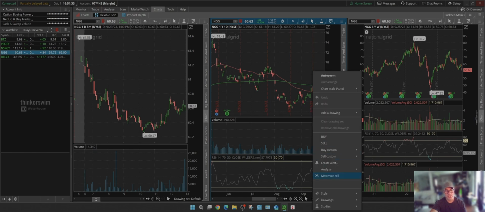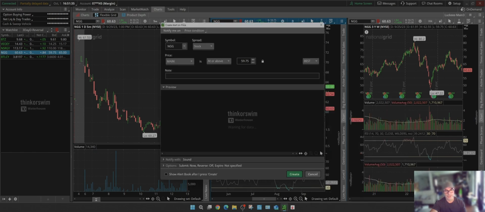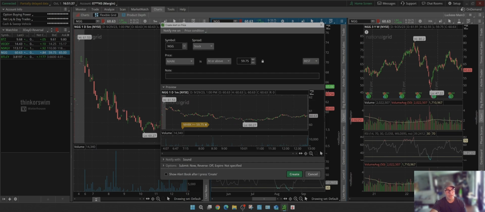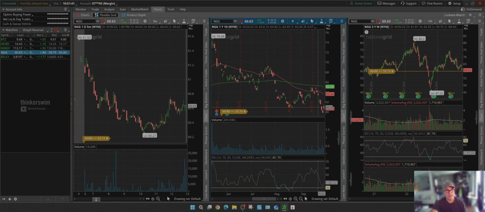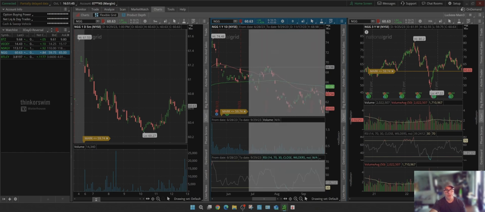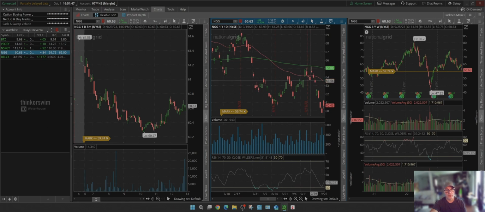What you can do is put your stop here for $1, and then potentially you want to go for 3. So it's like a 1 to 3 ratio.